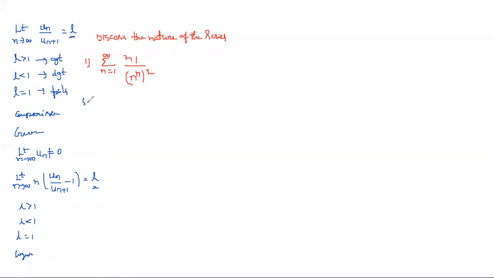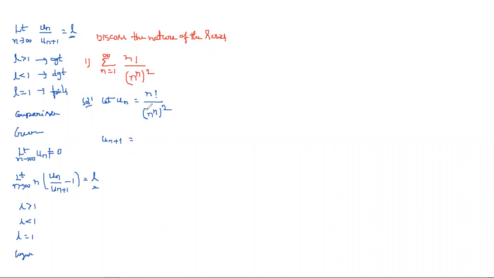First we have to give a name for that, so let un be equal to n factorial by (n power n) whole square. And next we can calculate un plus 1.